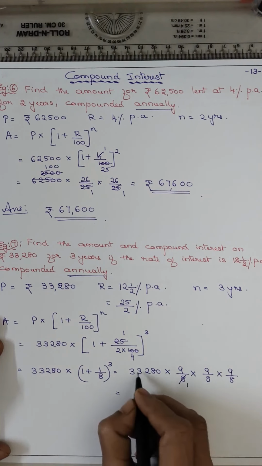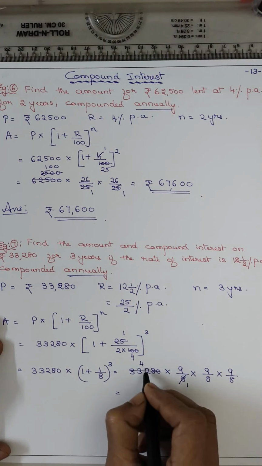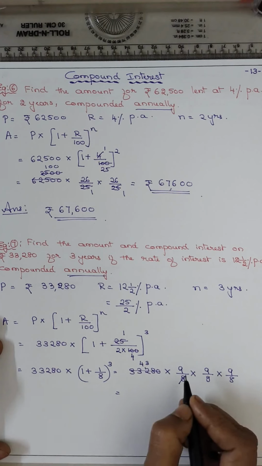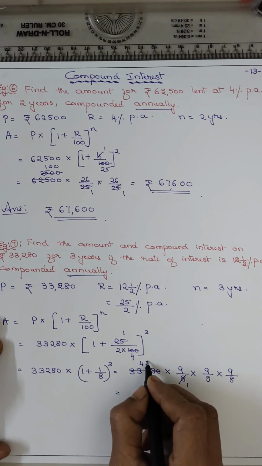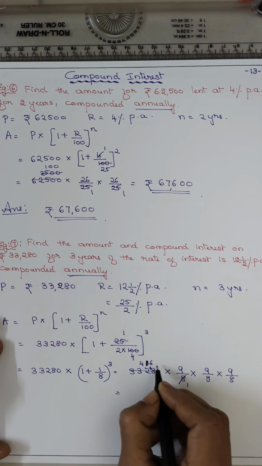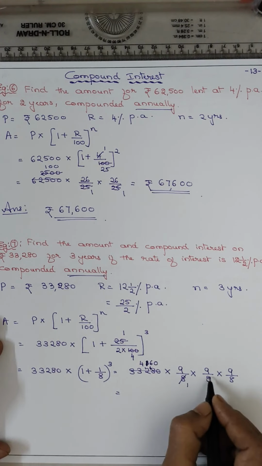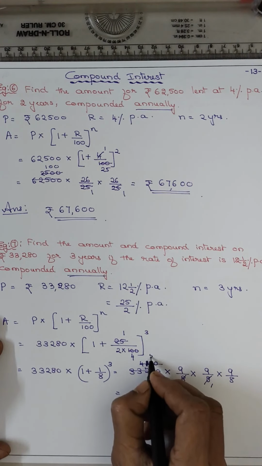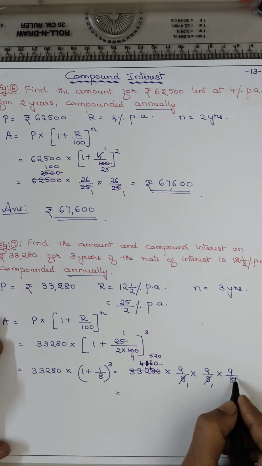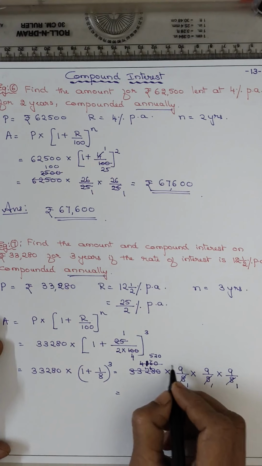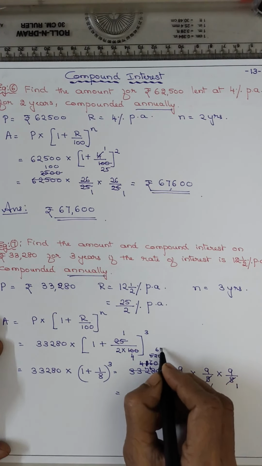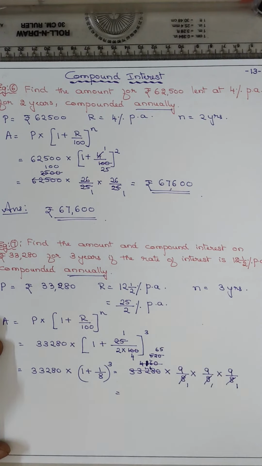Now, 8 ones are 8, 4s are 32, 8 3s are 24, 8 ones are 8, 4 remains, 8 6s are 48, 0. 8 ones are 8, 5s are 40, 1 remains, 2s are 16, 0. 8 ones are 8, 6s are 48, 4 remains, so 8 5s are 40.